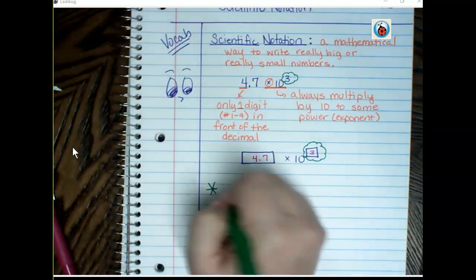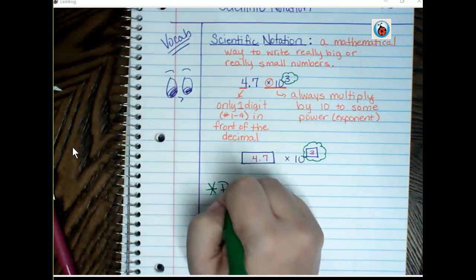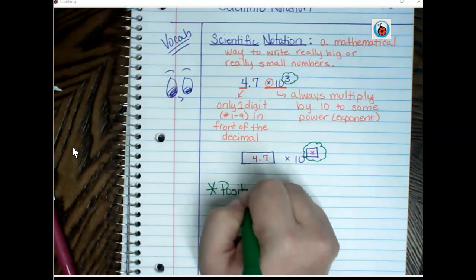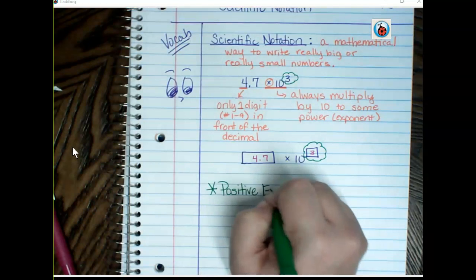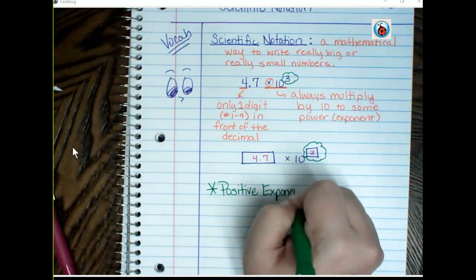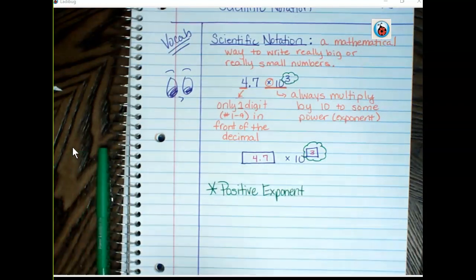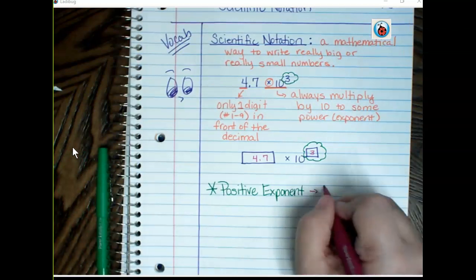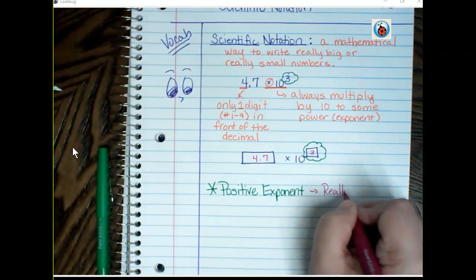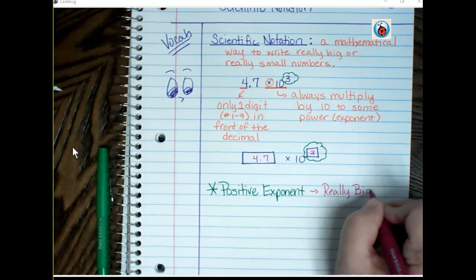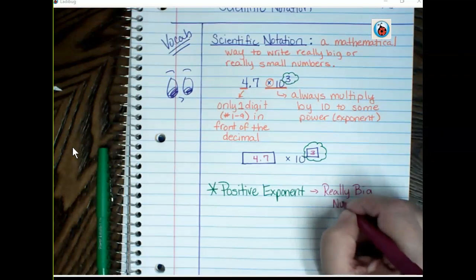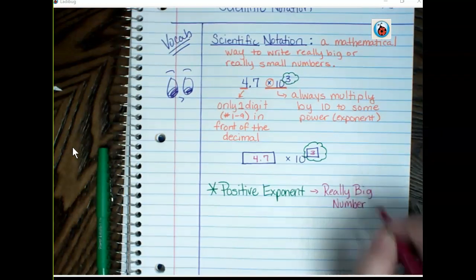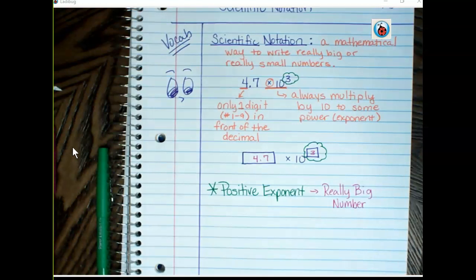The first thing it will tell us is if we have a positive exponent, we are going to end up with a really big number. If our exponent's positive, it's going to be a really big number.